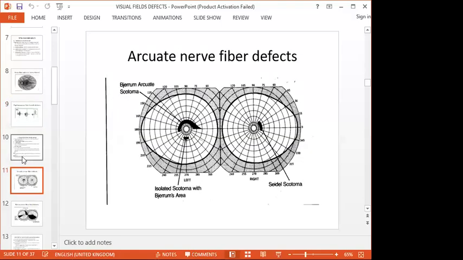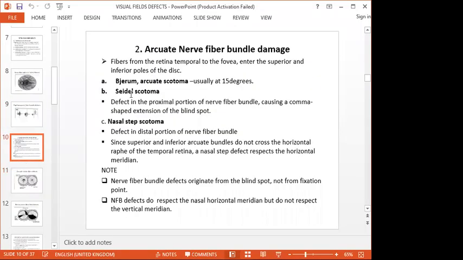Arcuate nerve fibers. What are these? Arcuate nerve fiber bundle: fibers from the retina temporal to the fovea. You've got the fovea here, temporal there.